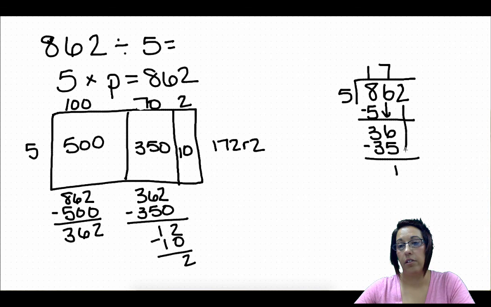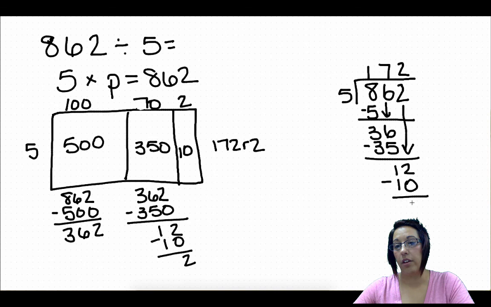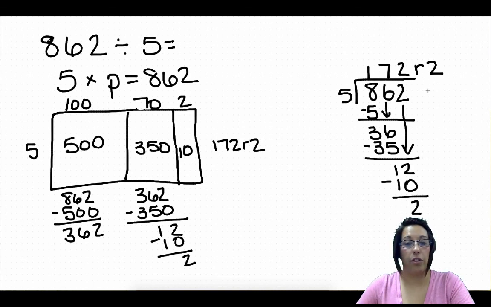Subtract. Bring down. 5 will go into 12 2 times. 2 times 5 is 10. Subtract. We have 172, remainder of 2.